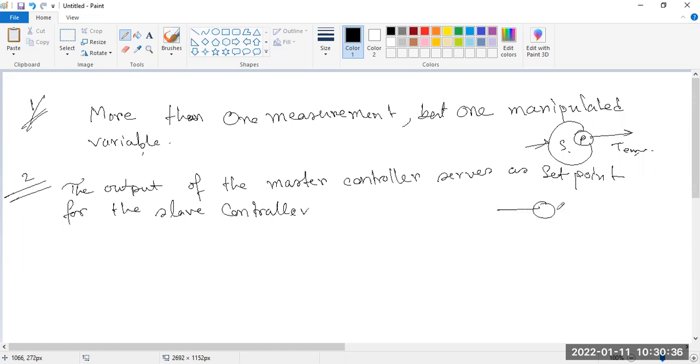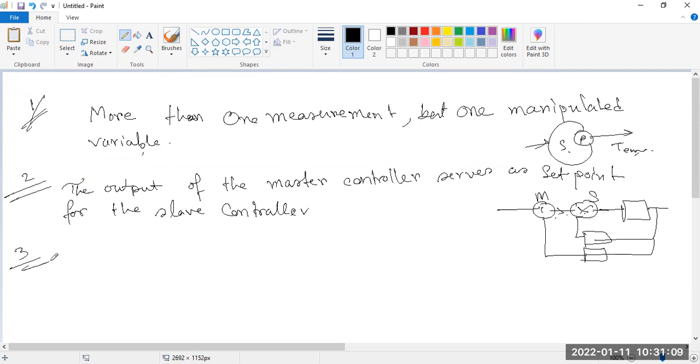You can see this is the master, this is the process, or it may not be the process, as per your requirement. Then you can see this, if this is a master and this is a slave, the output of this master controller is the input of this slave controller. Okay, so it is given over there.